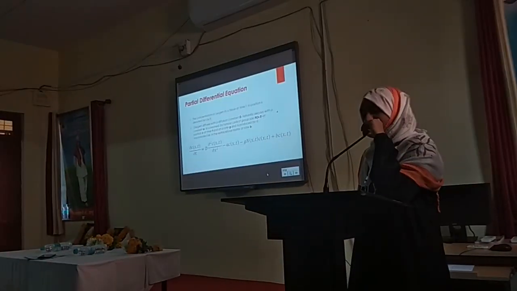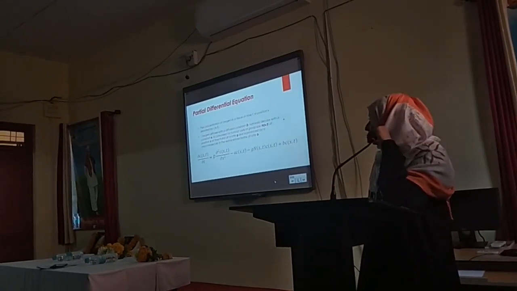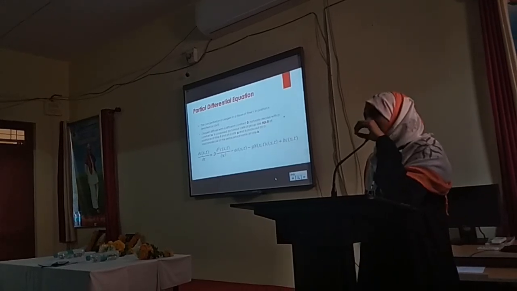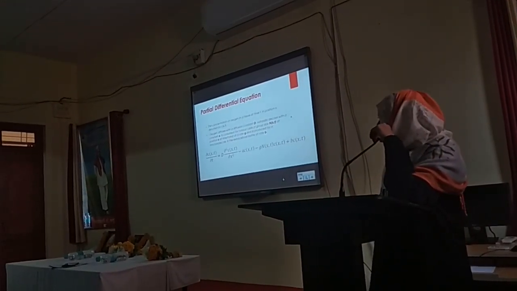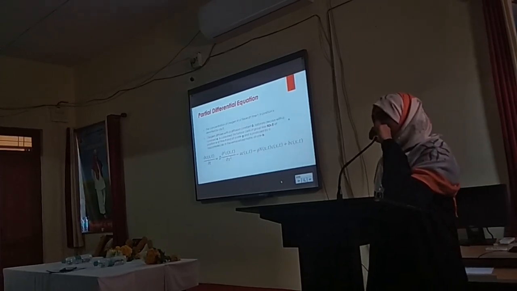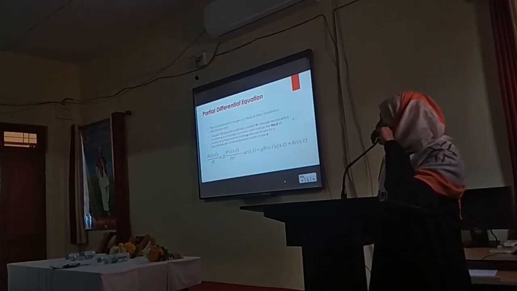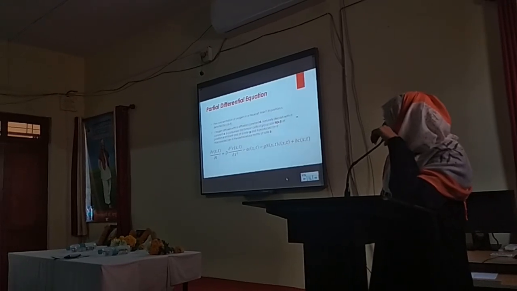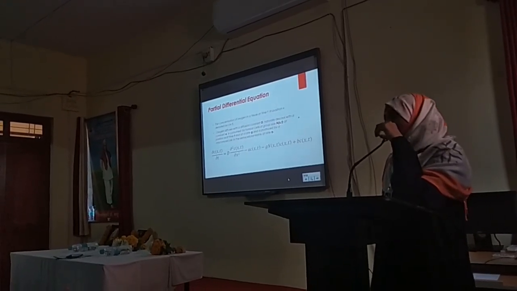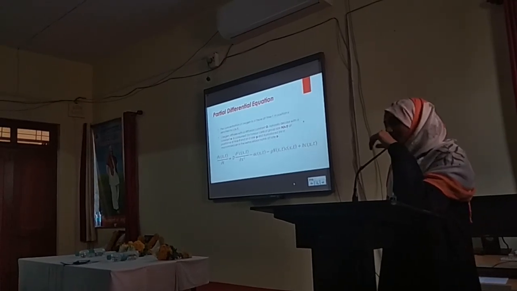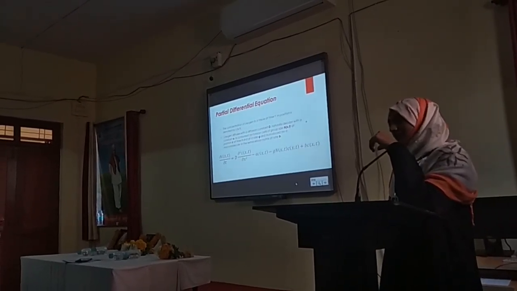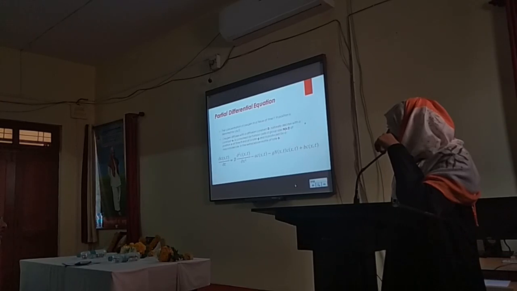Next is the partial differential equation. In the partial differential equation we consider two variables, where C is the concentration of oxygen and D is the diffusion rate, where the oxygen diffuses naturally with the diffusion constant D, and the partial differential equation related to this is as given below.